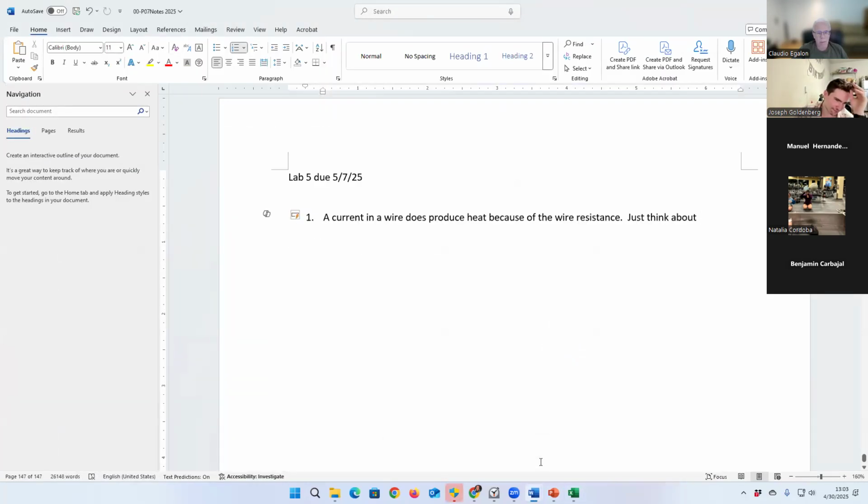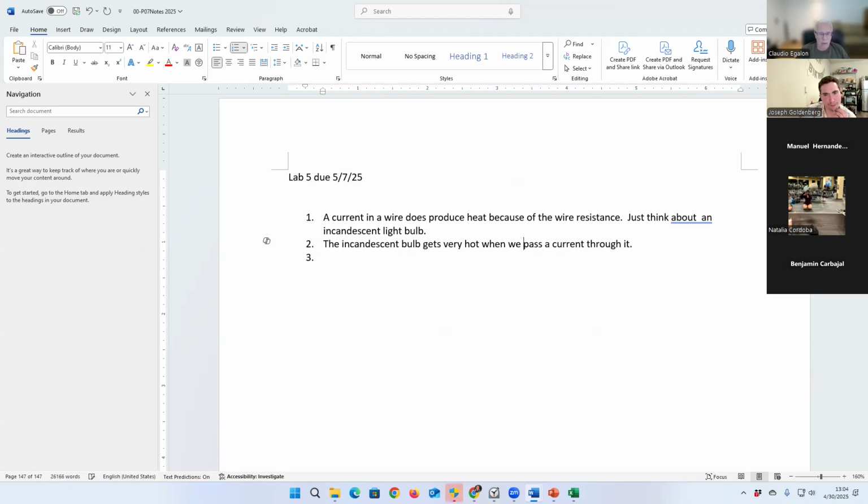Okay, so here you go. The wire resistance. Just think about an incandescent light bulb. The incandescent light bulb gets very hot when we pass a current through it, okay?